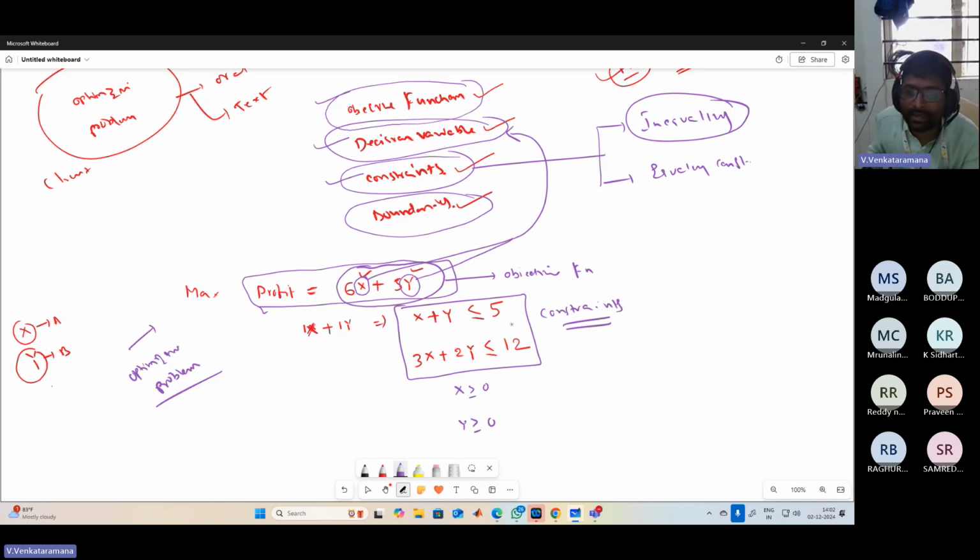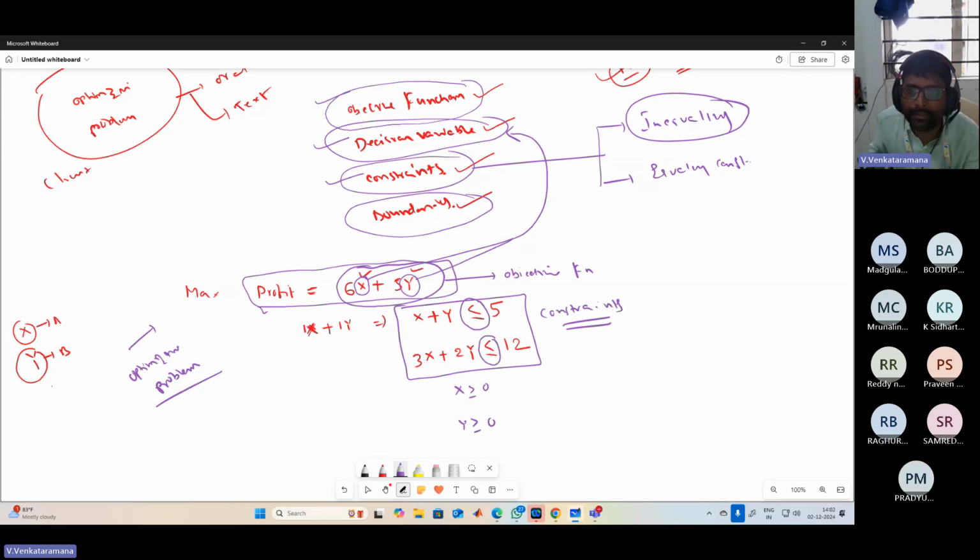Why are these called inequality constraints? Because here we are using less than or equal to. Then you may ask, what are the equality constraints? In place of less than or equal to or greater than or equal to, if you have only an equality sign, then those constraints are called equality constraints.